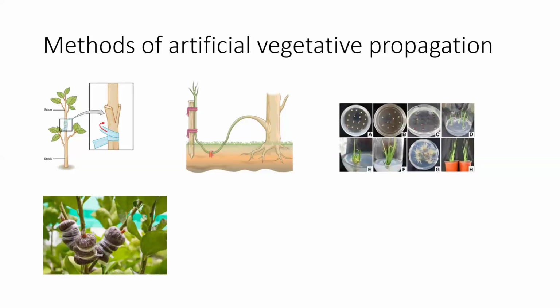Okay, we don't have a lot of time, but what they do, they make a cutting of a young stem, okay? And then cut off all the leaves to control transpiration, but leave some, so that the plant can carry out photosynthesis.